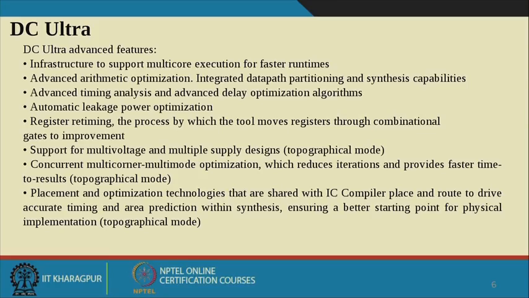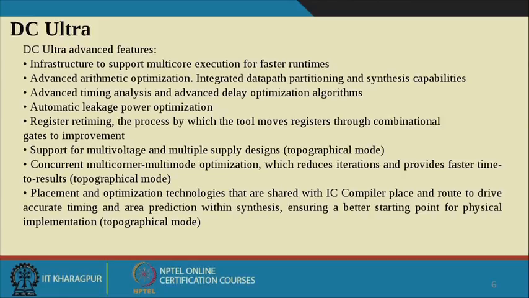That is why DC Ultra is featured with multi-core execution, where the job is divided into several parts that run in parallel to reduce the compilation time. It also provides advanced arithmetic optimization, integrated datapath partitioning and synthesis capabilities.